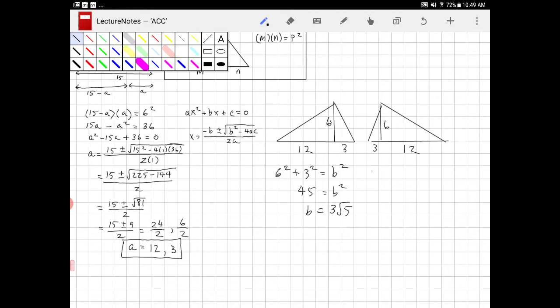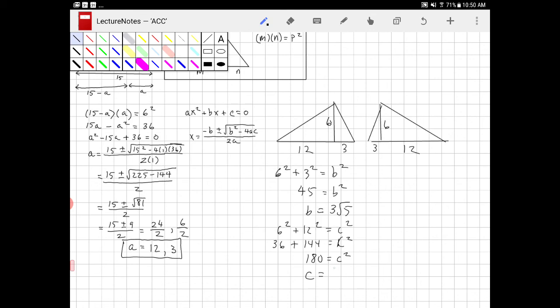And then over here, I can have 6 squared plus 12 squared is equal to C squared. So this is 36 plus 144, which is 180, equal to C squared.